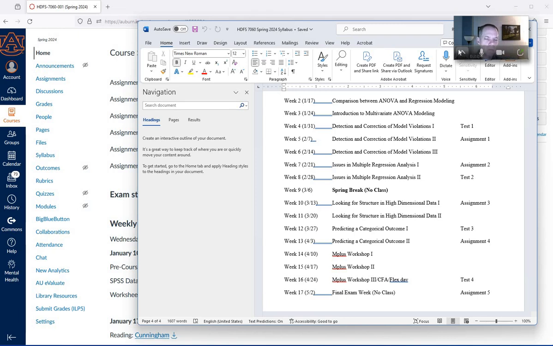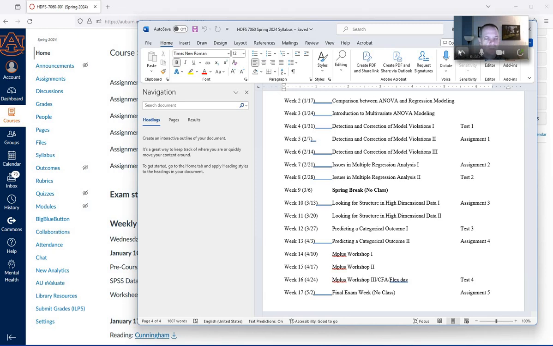After spring break, we'll spend some time on factor analysis. We'll also learn how to do logistic regression, and then we'll finish up the course with an M+ workshop. That way you are better prepared for those 8,000 level classes where you'll need that M+ experience. And that's really how this course is going to go.